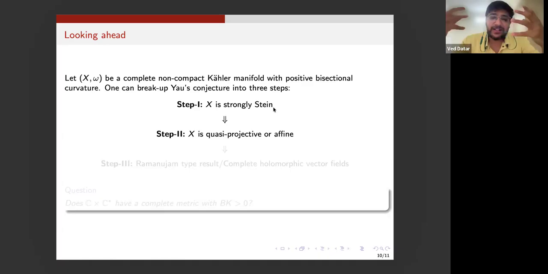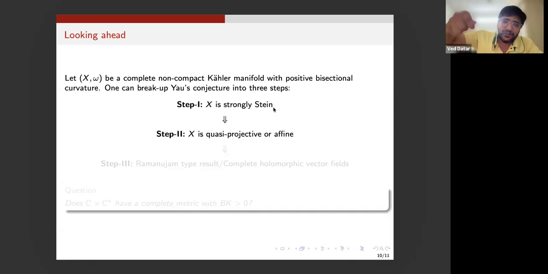The next step would be to show that this containment is algebraic, or to show that X is quasi-projective or affine, right? So there, I think one would like to generalize our Bezout estimates. If one can extend our Bezout estimates, then it's quite likely that one can show quasi-projectivity or affineness, depending on your perspective.